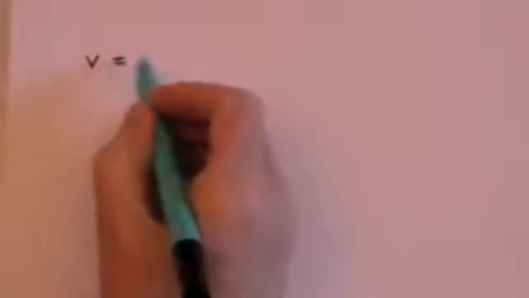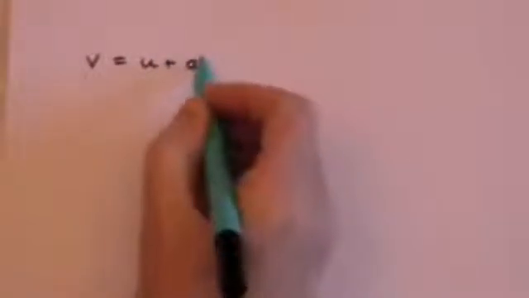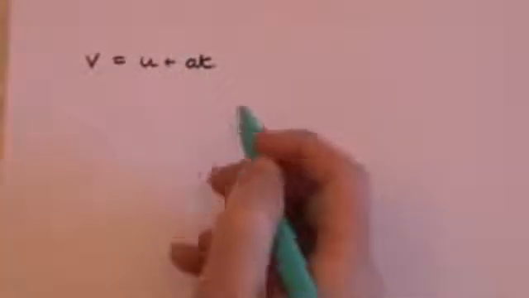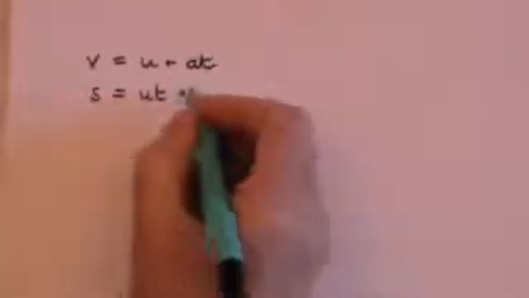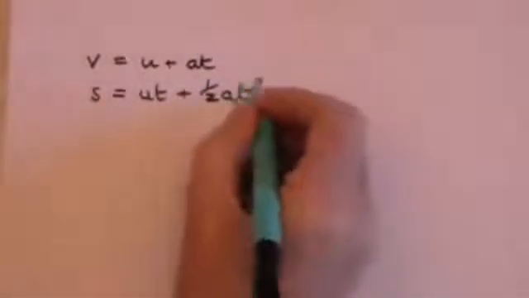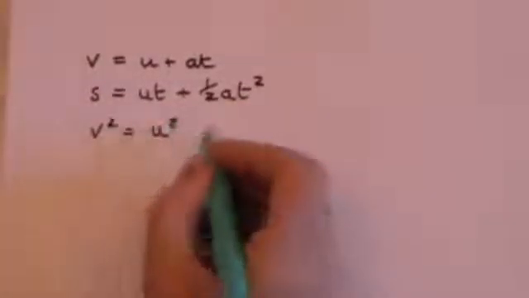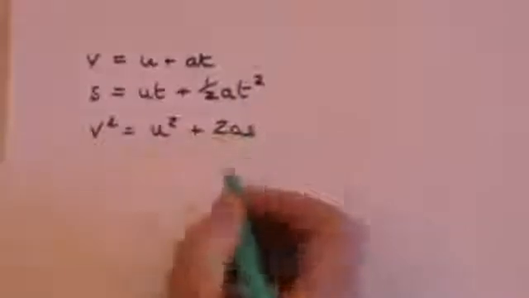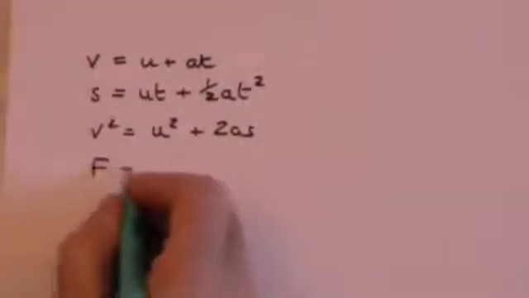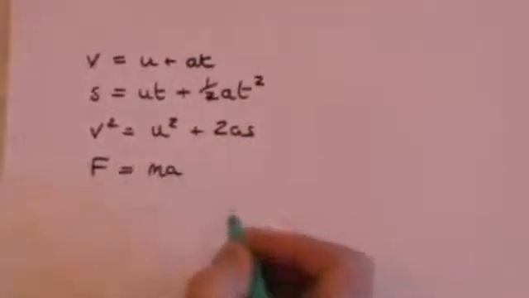These are all in my video on classical mechanics. A-level: v = u + at, s = ut + ½at², v² = u² + 2as, and then F = ma.